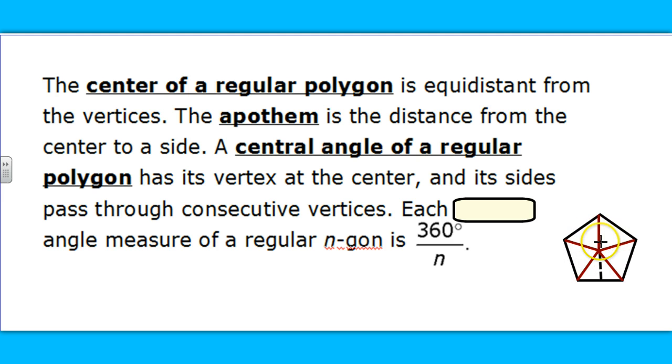360. So if you would like to find just a single angle, one of these central angles, because each of these triangles is congruent, we simply take 360 degrees and divide by the number of sides. So we have this little equation here that says for any polygon with n sides, an n-gon, you simply divide 360 by the number of sides and you'll know what each central angle's measure is.